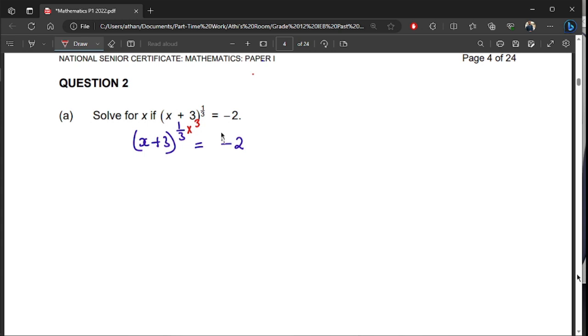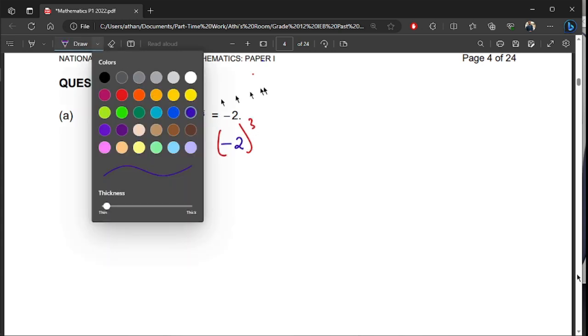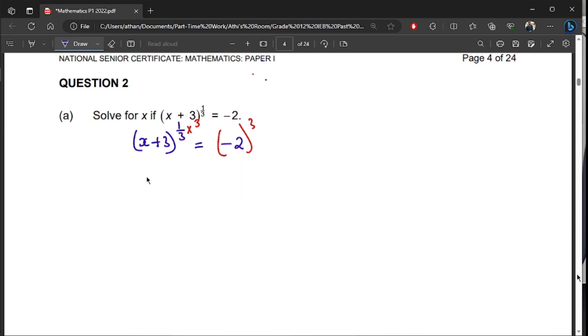And then what you do on the left hand side, you also do on the right hand side. This takes us to x plus 3 now, because 1 over 3 times 3 will just be 1. So we have exponent 1, and then negative 2 to the power of 3.